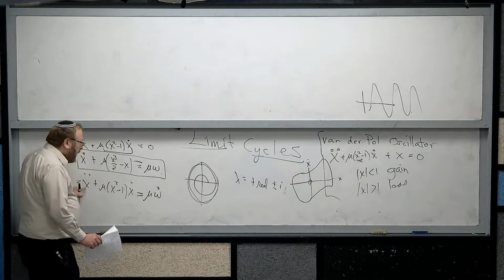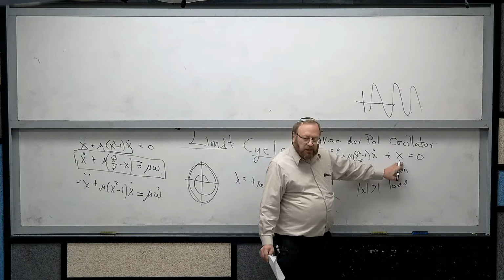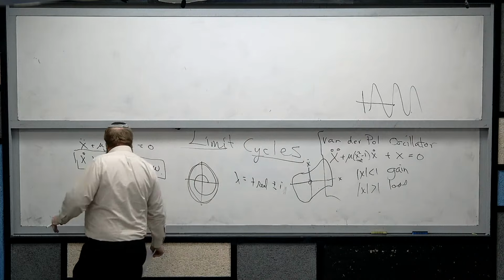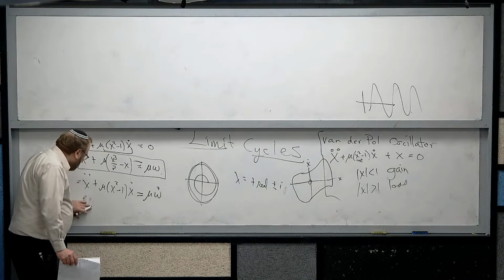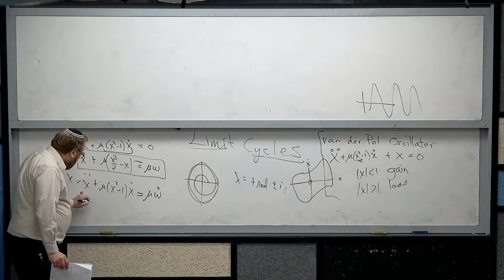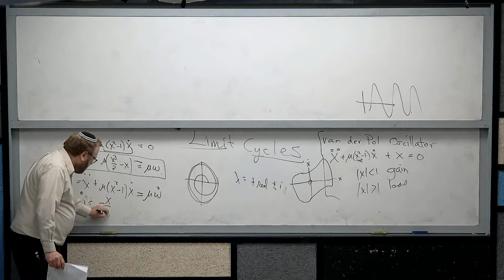But x double dot plus this is in fact exactly equal to minus x. So we find that omega dot equals minus x over mu.